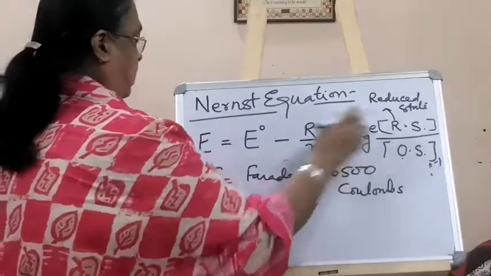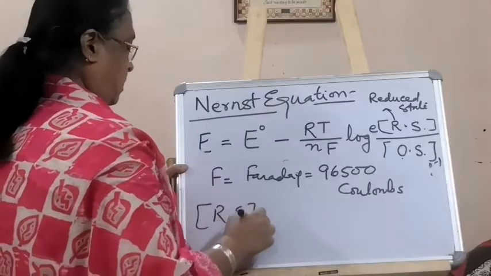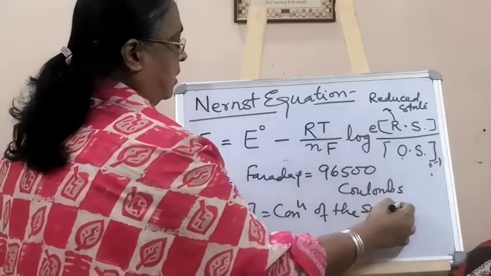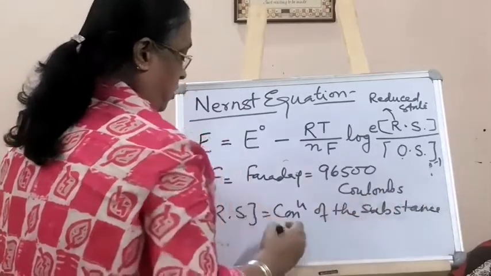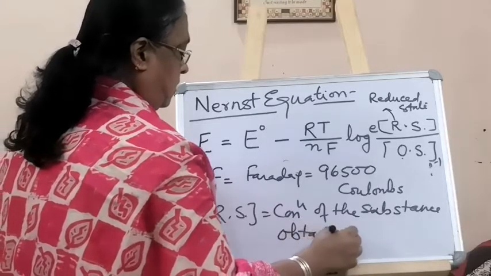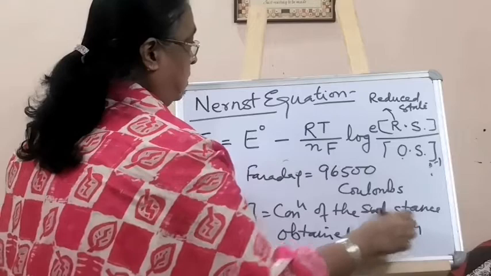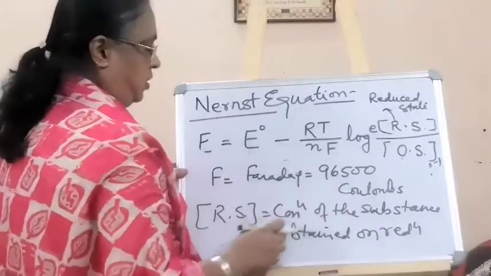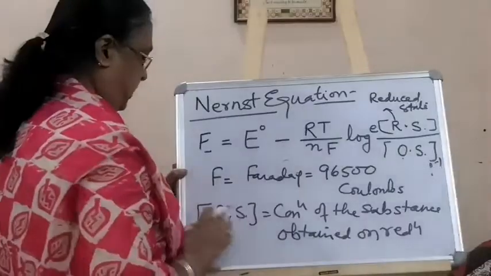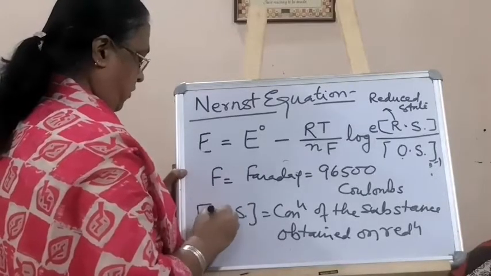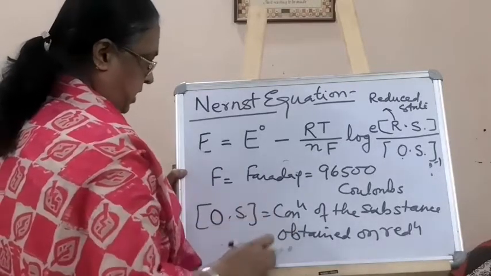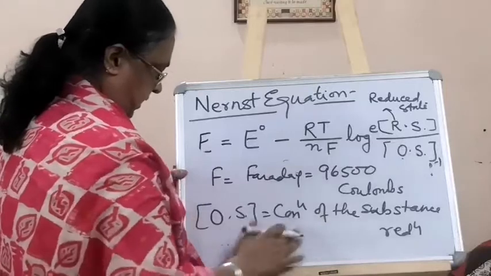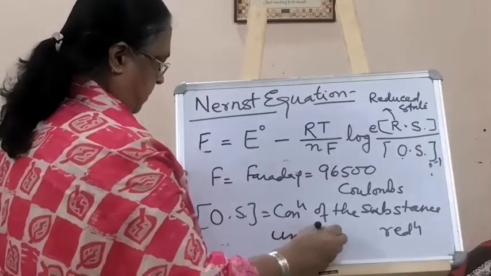The concentration of the reduced state means the concentration of the substance obtained on reduction, and the concentration of the oxidized state is the concentration of the substance undergoing reduction.